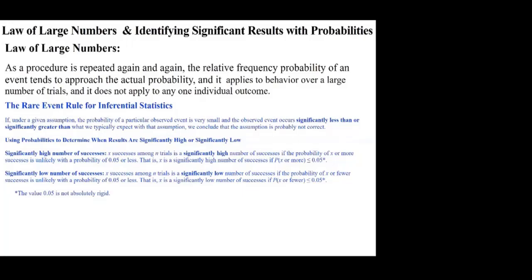The idea of the law of large numbers and identifying significant results is that there are cases we don't expect to happen. The probability of something happening is extremely small. But if it happens, it means something is working or something is not working.